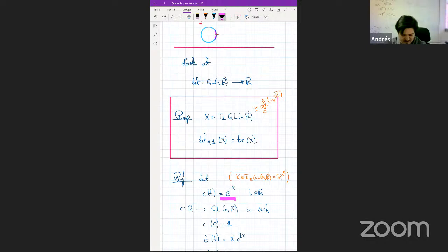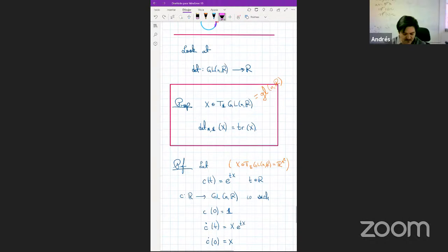In particular, if you evaluate the derivative at t equals 0, you get X. So this curve is the one that we can use to compute this. At 0 it equals the identity, and the derivative at 0 is precisely X.